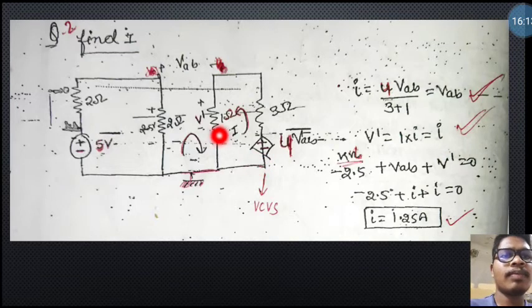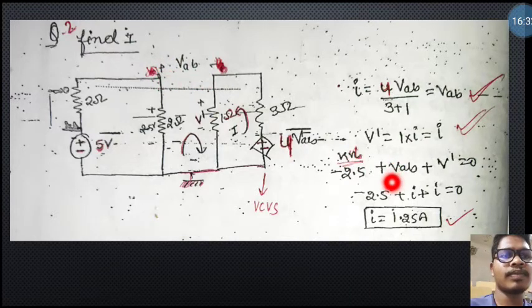Like that, put it in the KVL equation. So this is the 2.5 volt flowing like this in clockwise direction, so that's why we are taking minus 2.5, plus VAB, because it is flowing like this, so here a positive sign.